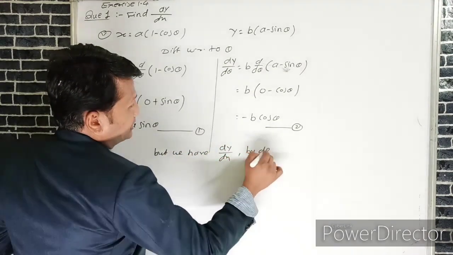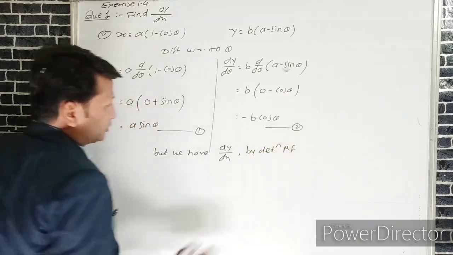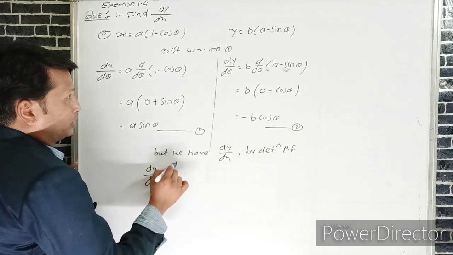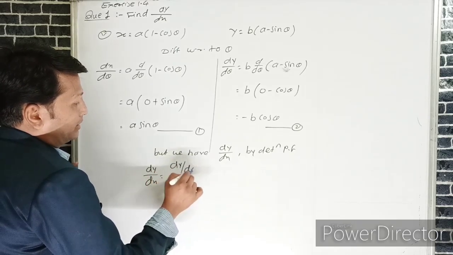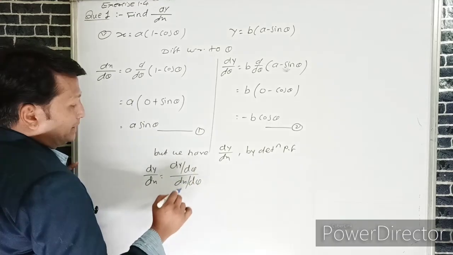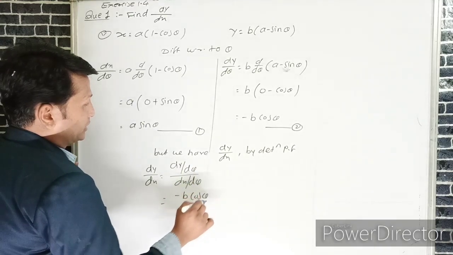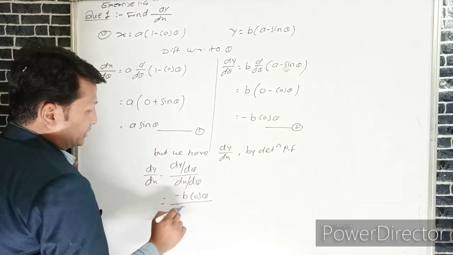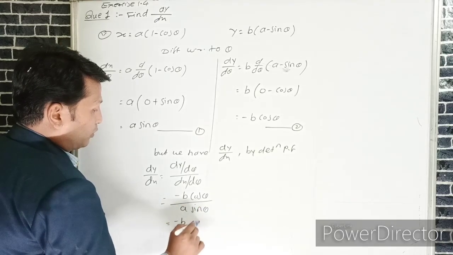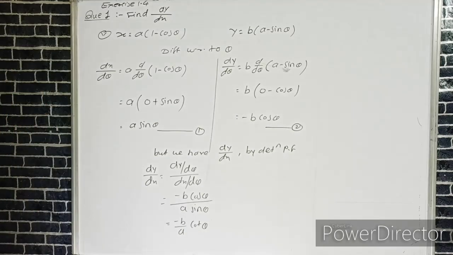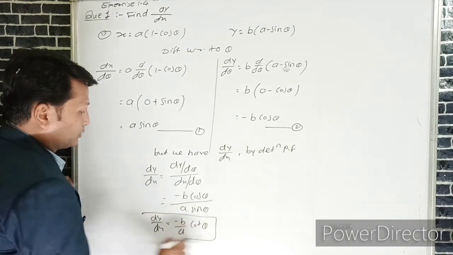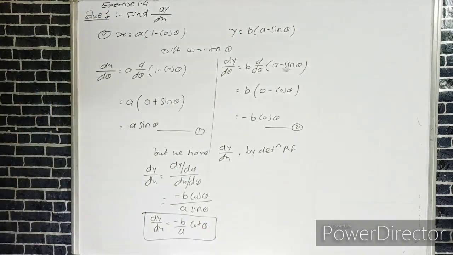By the definition of a parametric function, dy upon dx is equal to dy by d theta upon dx by d theta. Here dy by d theta is minus b cos theta upon a sin theta, which means minus b by a cot theta, which is the required derivative of y with respect to x: minus b upon a cot theta.